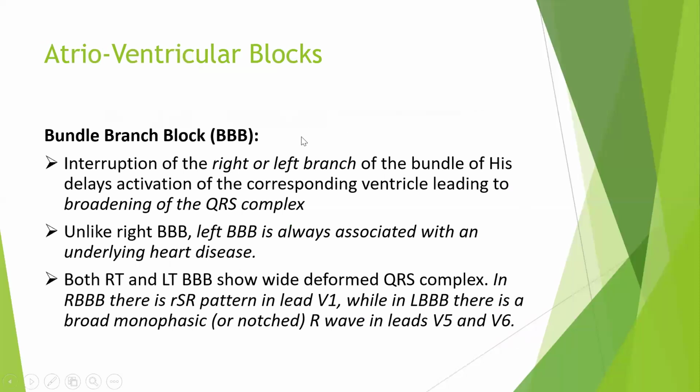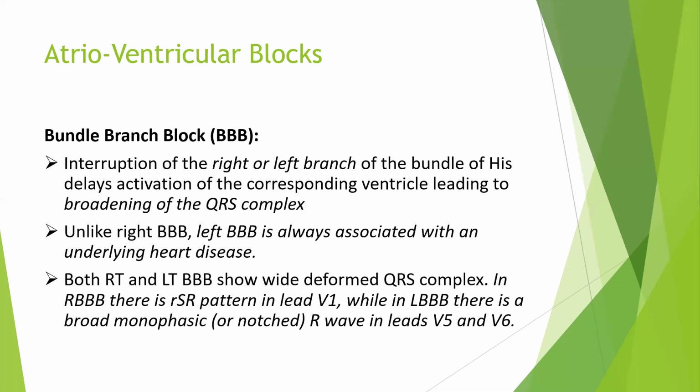Okay, so the bundle branch block will either be right or left, okay? When there's an interruption of the right or left branch of the bundle of His, there's delayed activation of the corresponding ventricle, all right? This will lead to broadening of the QRS complex. So most of the time, unlike the right bundle branch block, left bundle branch block is usually associated with an underlying heart disease, all right?